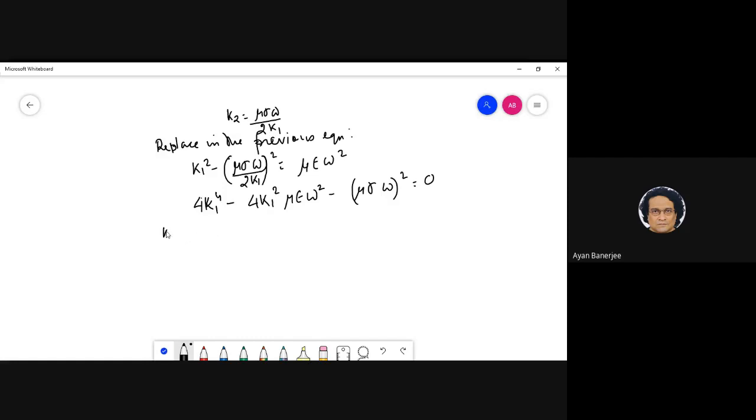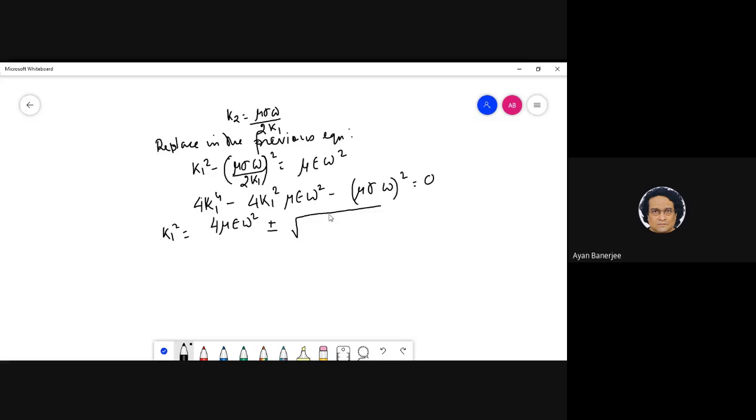So my K1 square will be minus b, so mu epsilon omega square, plus minus root of b square. This is 4, sorry.